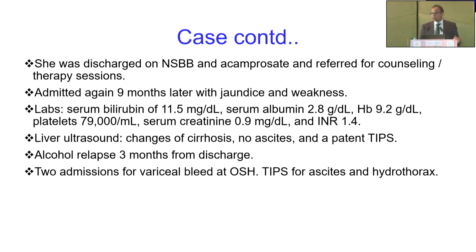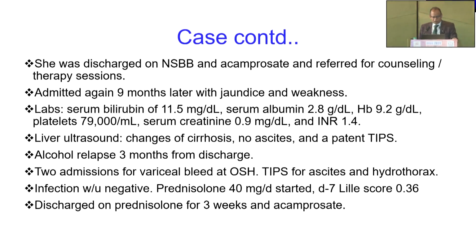In between, she went to 2 other hospitals, stayed sober for 3 months, but then in between that 3 months and 9-month period, had 2 admissions where she underwent TIPS procedure 1 time for ascites. Infection workup was negative. She was started on prednisolone. Lille score was 0.36, and she was treated for full 4 weeks and continued on acamprosate.